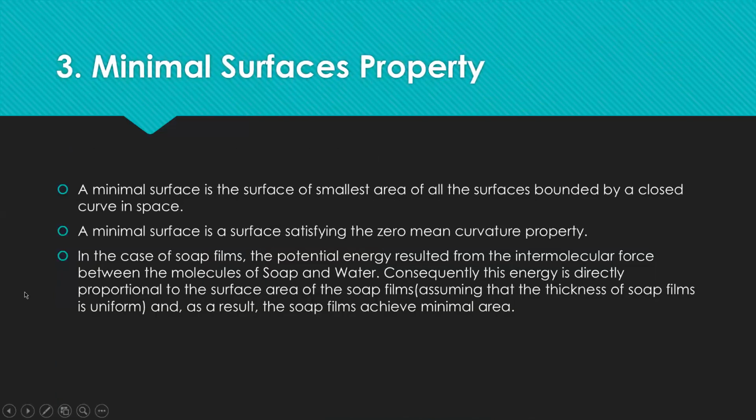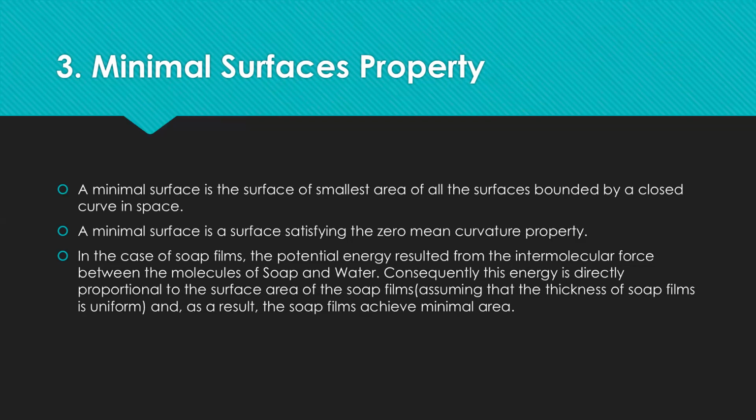Minimal surfaces property. This property is very important in our day-to-day lives. For example, in mathematics, when we need to calculate the minimal surfaces of any shape, we need to use heavy computers, supercomputers, which will calculate the area of each and every line joining the two closest parts on the outer surfaces of the shape.